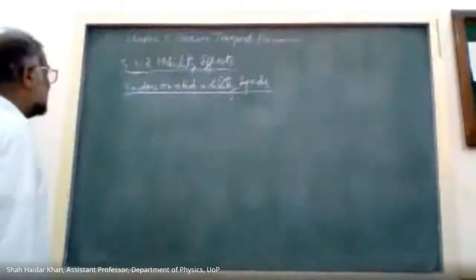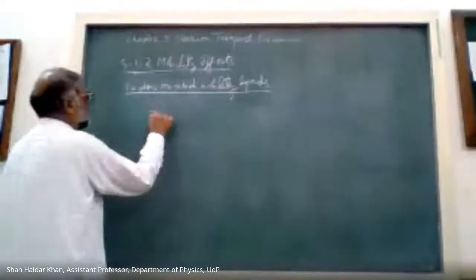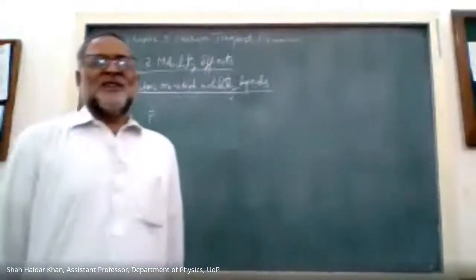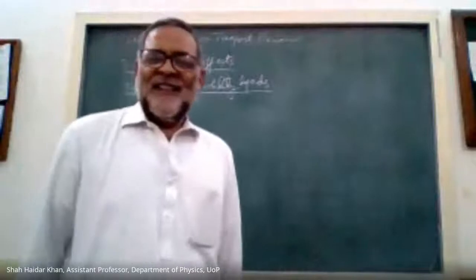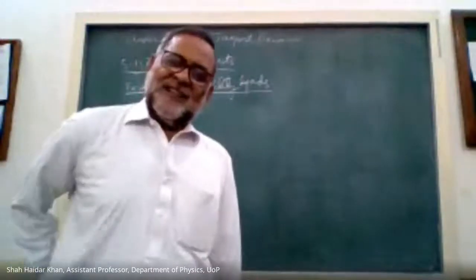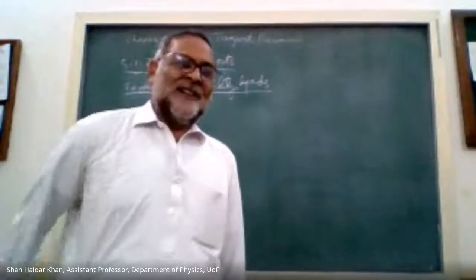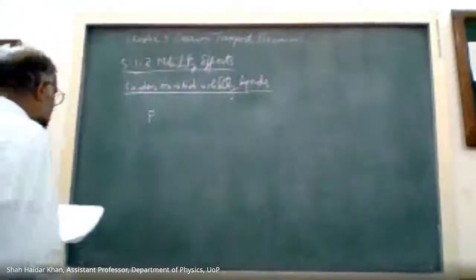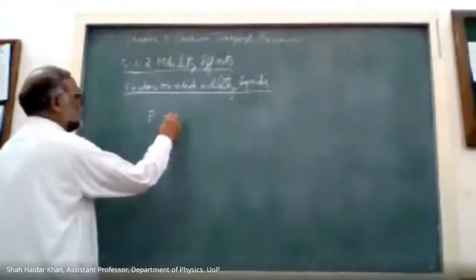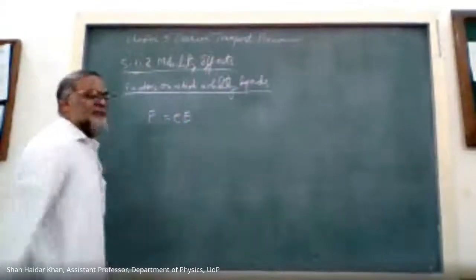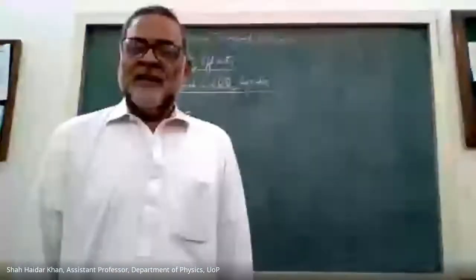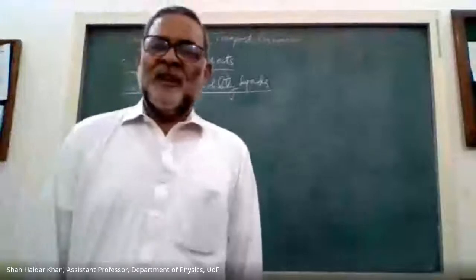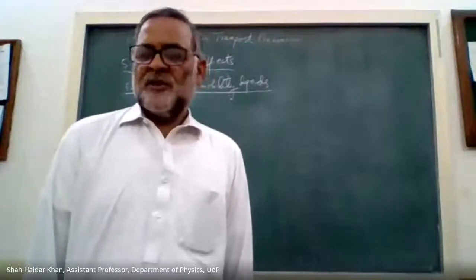Now we know that the force on a charge carrier, the motion of the charge carrier, will obey F is equal to ma, the second law of Newton, right? At the same time, by definition, the force on a charge carrier is equal to the electric field multiplied by the charge, right?